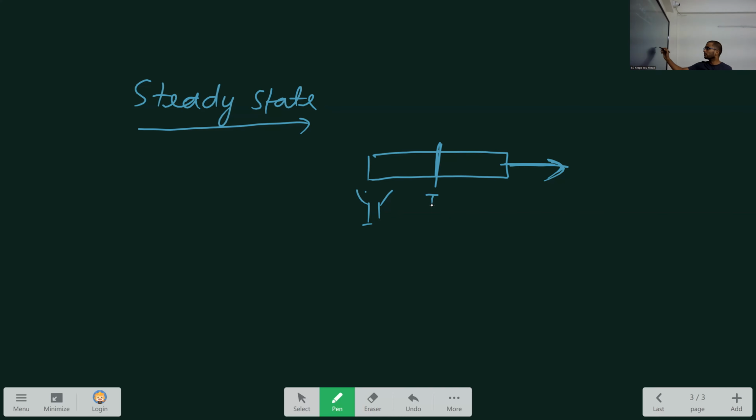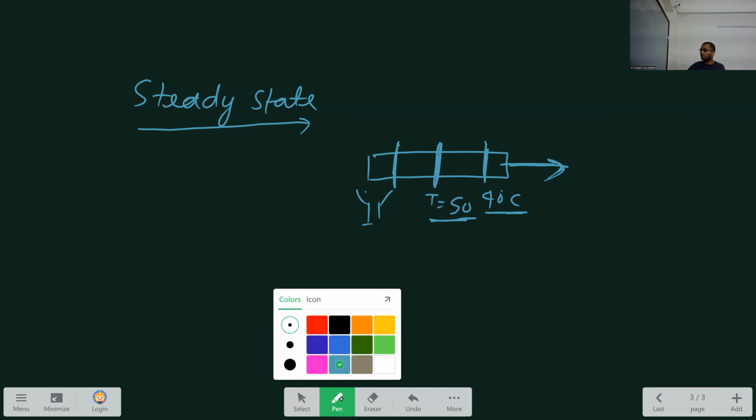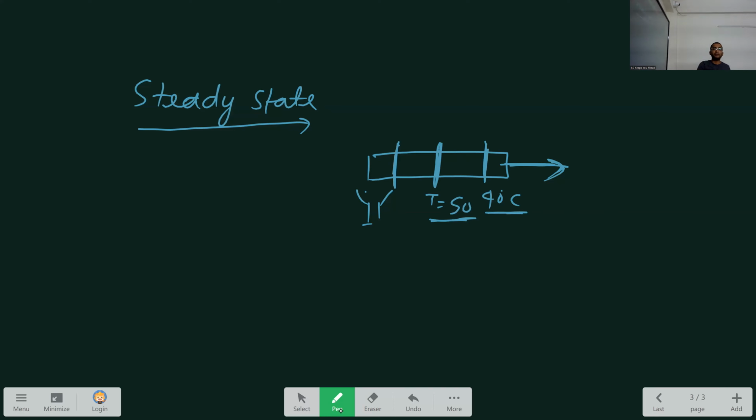Suppose here the temperature is 50 degrees Celsius, here it is 40 degrees Celsius, and so on. At this point the temperature will not change with time. So in steady state, the temperature of different points on the rod becomes constant. They will not become the same, but they will not change with time.